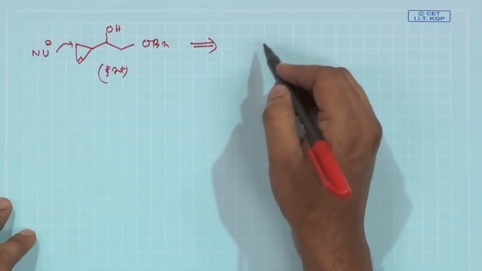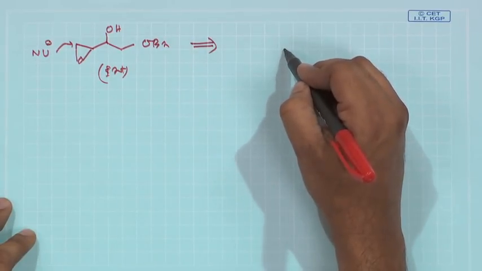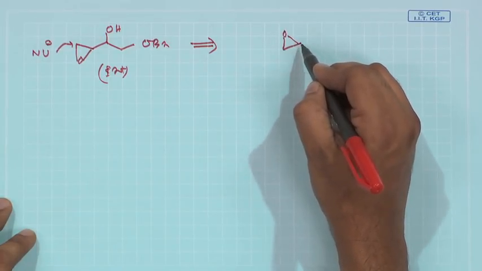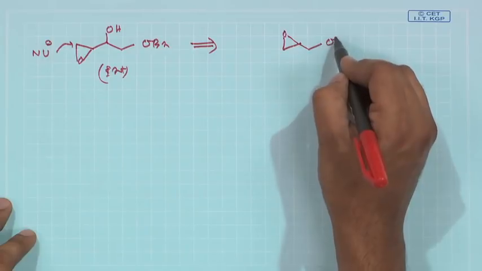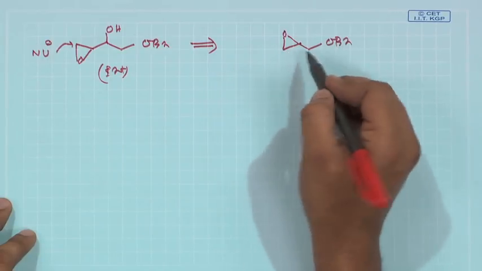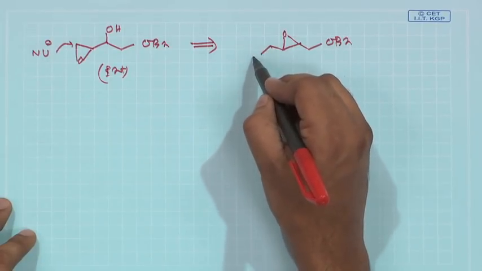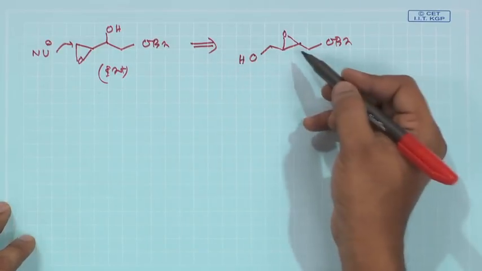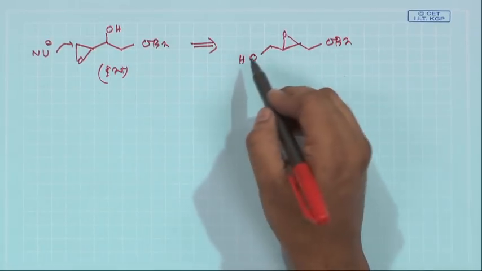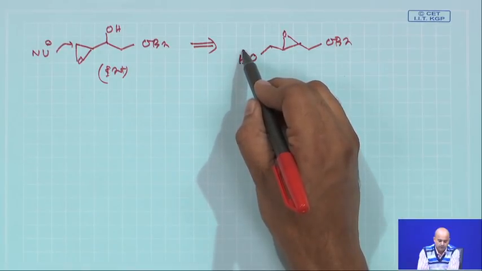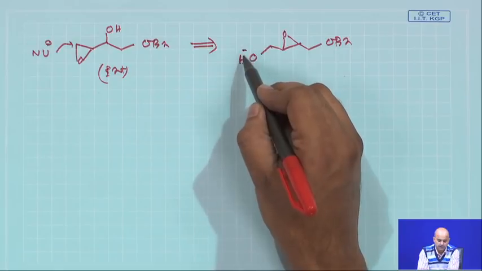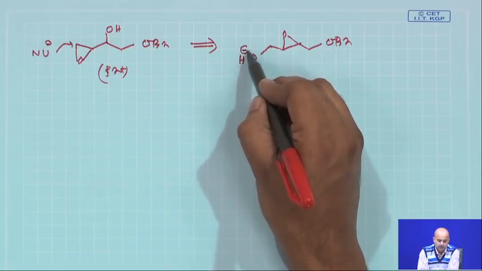Now, do the analysis with the starting material, and see how this could be linked with the starting material. The starting material is basically this OH, this epoxide. Initially we say if somehow you can deprotonate this hydroxyl hydrogen to give you an alkoxide.